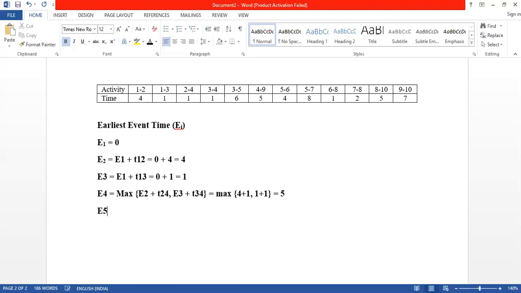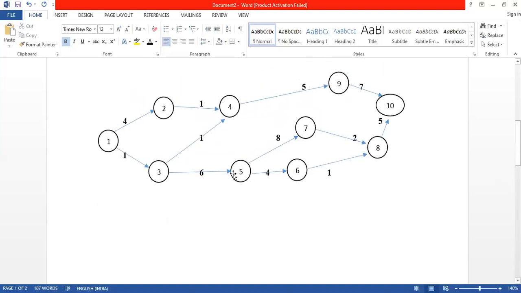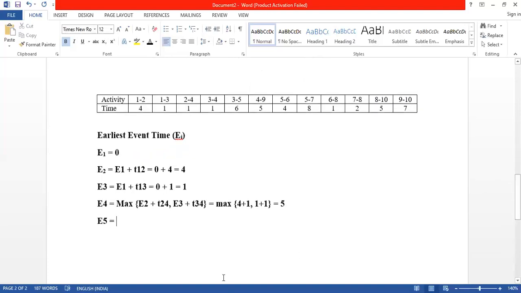Let us go to E5. Just go to the diagram. See, fifth event can be reached from third event. So it is E3 plus T35 equals to E3 is 1 and T35 is 6. So it is 7.